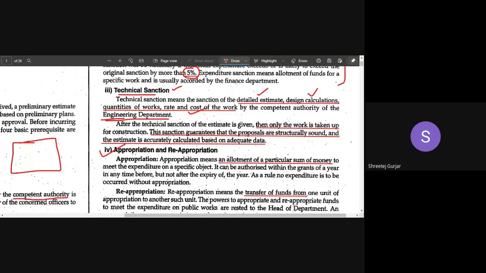But if there is any problem in the design or the calculation, and it is not checked properly by the engineers, then it will cause failure, and as I have told you, loss of life and loss of money. So this technical sanction is also very important.